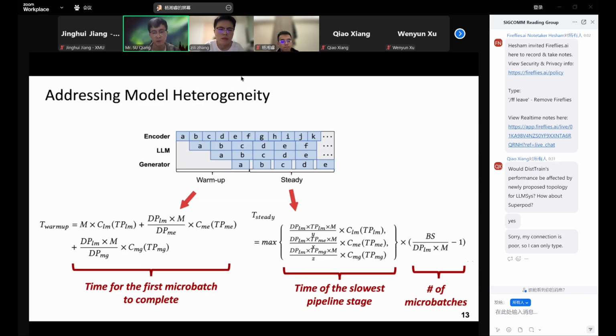In your experiment, you utilized over 1,000 GPUs, but for a general training task, how can we decide how many GPUs or how much memory we need to train this kind of model?